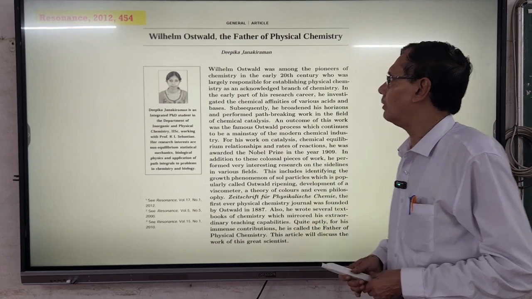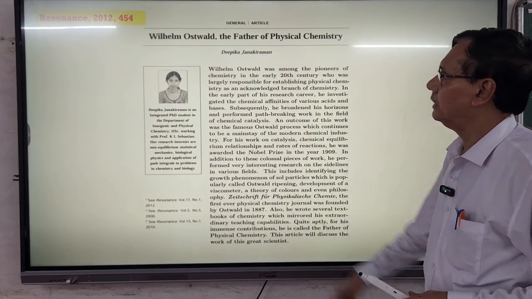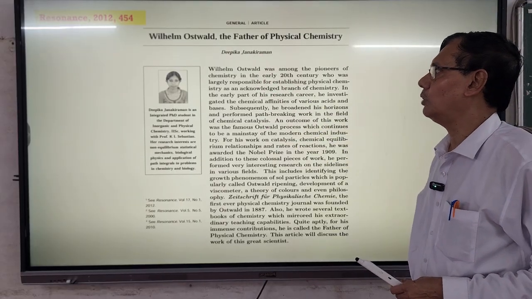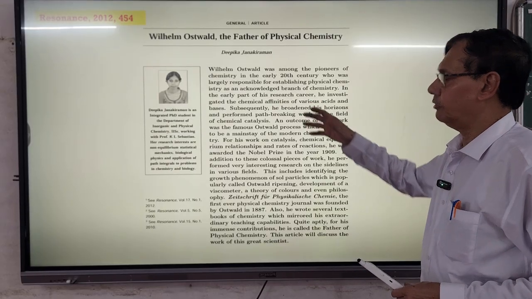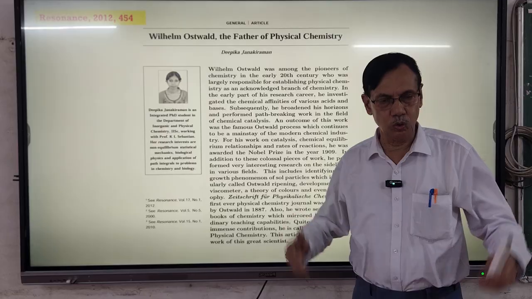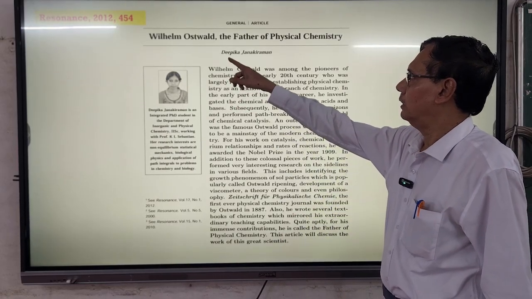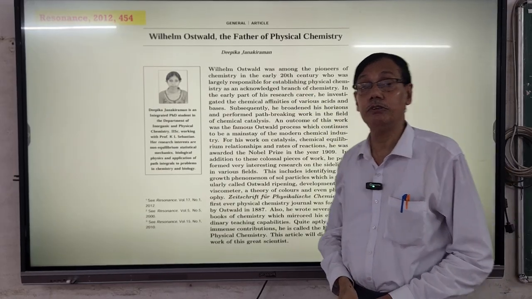And again, I am seeing one of the very important papers published in Resonance 2012. It is a general contribution, and if you want to learn about this Ostwald dilution law or the actual role of Arrhenius, you must read about William Ostwald, and we consider him the father of physical chemistry.